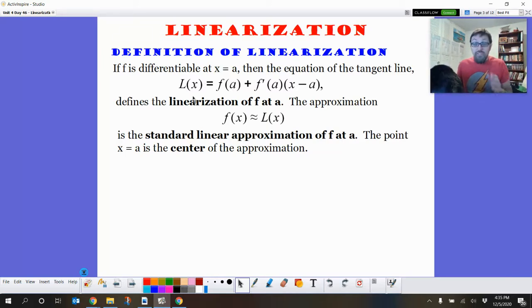And then the derivative, that is the slope of the tangent line, so that is our m. And then you've got your x minus x1. So this is finding the approximation of a straight line at that point. It's not going to be perfect, Mel, but it'll at least be kind of close to what's going on.